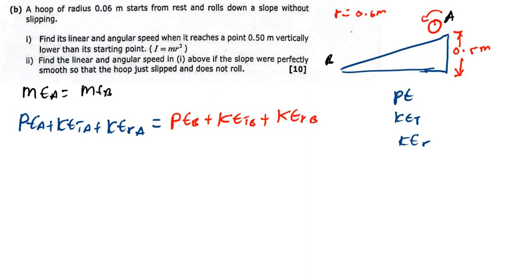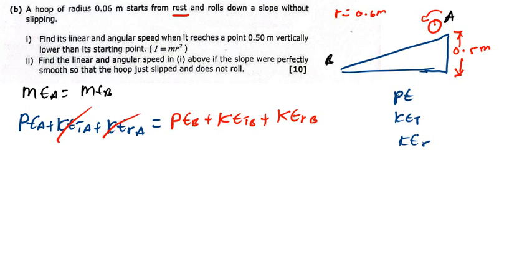Now let's analyze this. The question says it started from rest, meaning at this point the velocity was zero. If the velocity is zero, I don't expect to have kinetic energy at point A, because kinetic energy depends on velocity, so it is cancelled out.